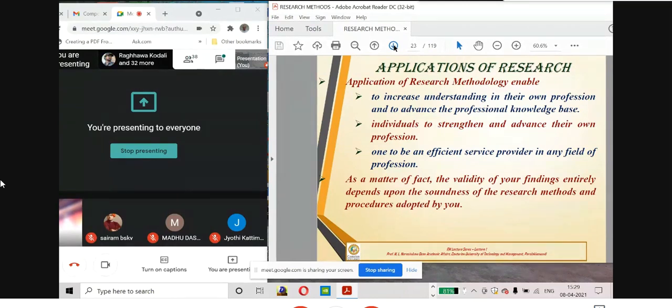As a matter of fact, the validity of your findings entirely depends upon the soundness of the research methods and the procedures adopted by you. So, if your research procedures are strong enough, then your outcome will be acceptable. As a matter of fact, the validity of your findings entirely depends upon the soundness of your adopted methodology.